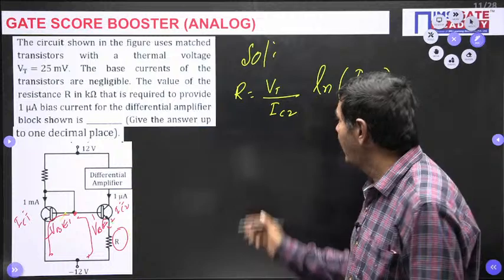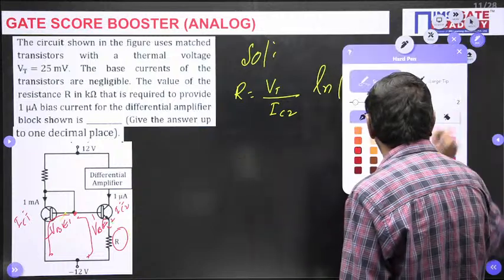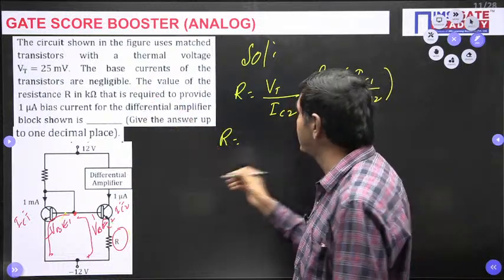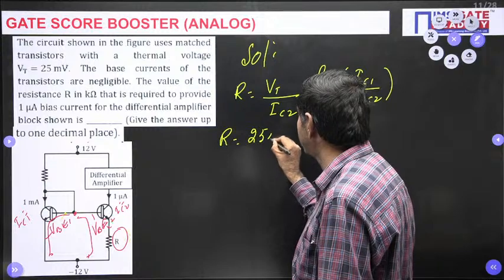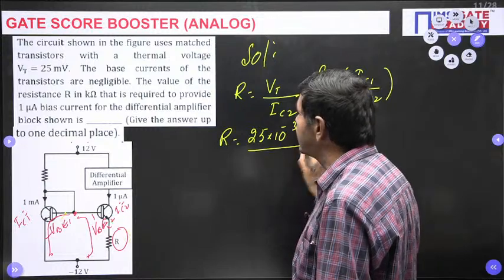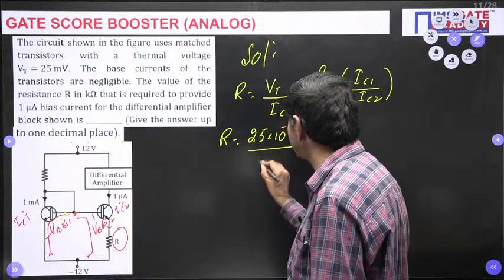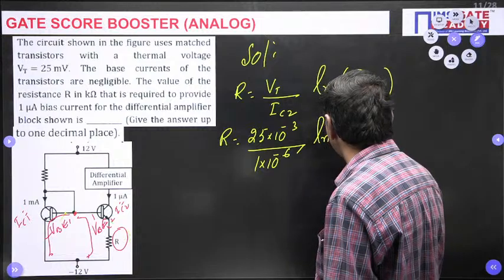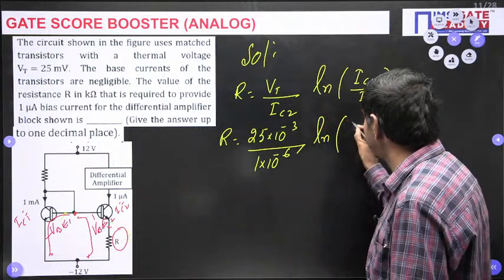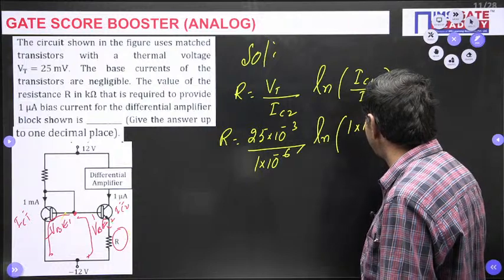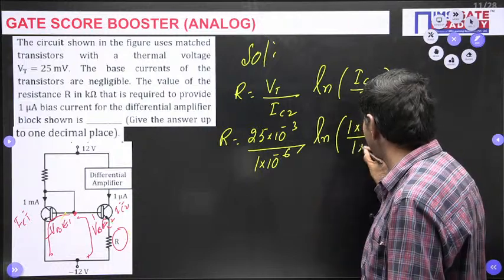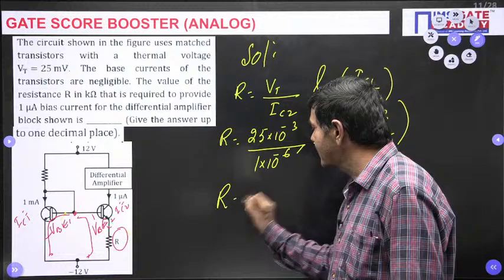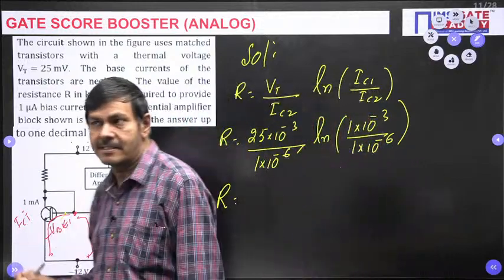R is calculated like this: thermal voltage given as 25 millivolts, IC2 is 1 micro, ln of IC1 by IC2, where IC1 is 1 milli, 1 into 10 power minus 3, and IC2 is 1 micro, 1 into 10 power minus 6. Use a calculator and find the resistance R.